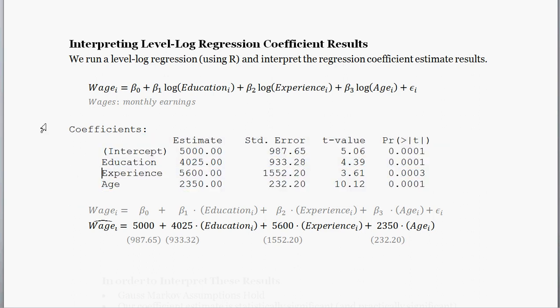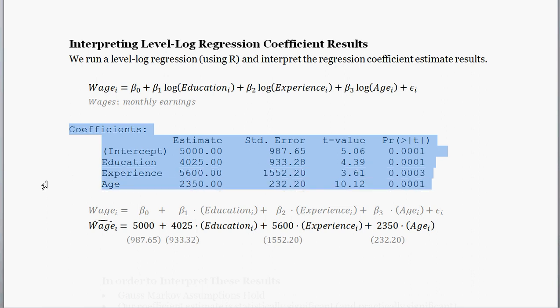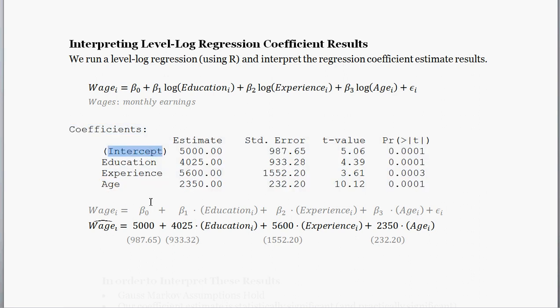This is what a typical R output for running a regression and doing a summary looks like. It's a portion of it. So you have our intercept here, which stands in for beta naught. That's our estimate of beta naught, this 5,000 estimate. Our estimate under education is our estimate for beta 1 here, so 4,025. Our estimate for beta 2 is the experience estimate here.